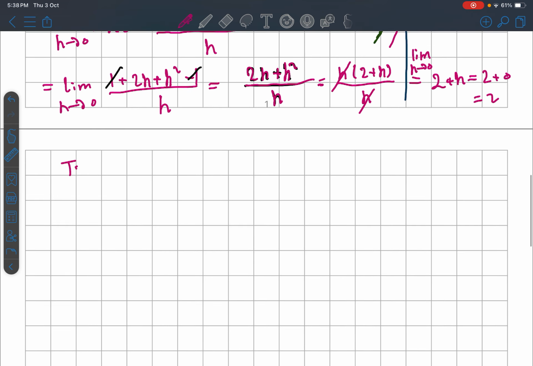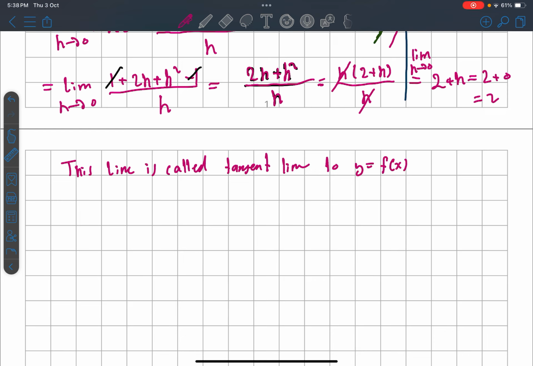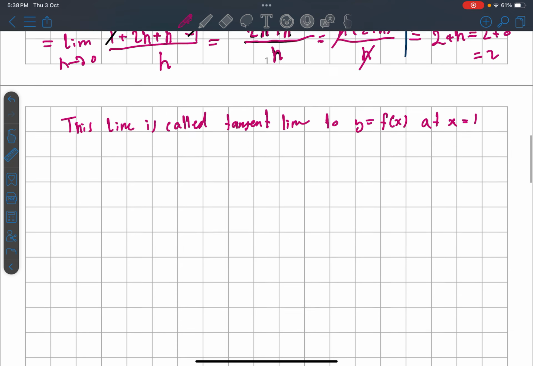Okay, so this line is called the tangent line to y equal f(x) at x equal to 1.